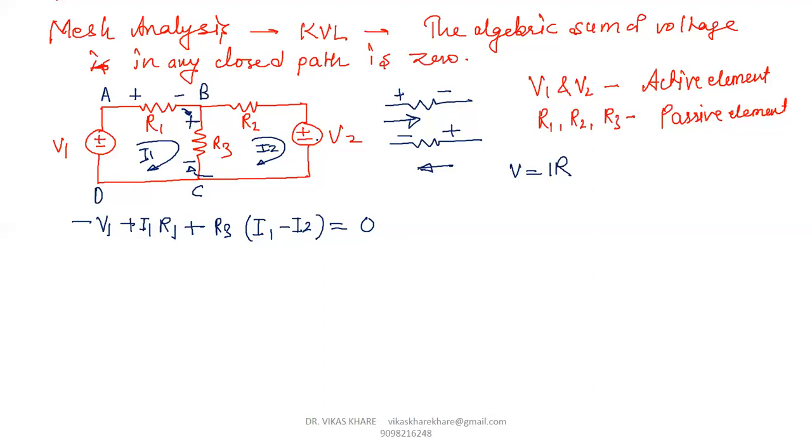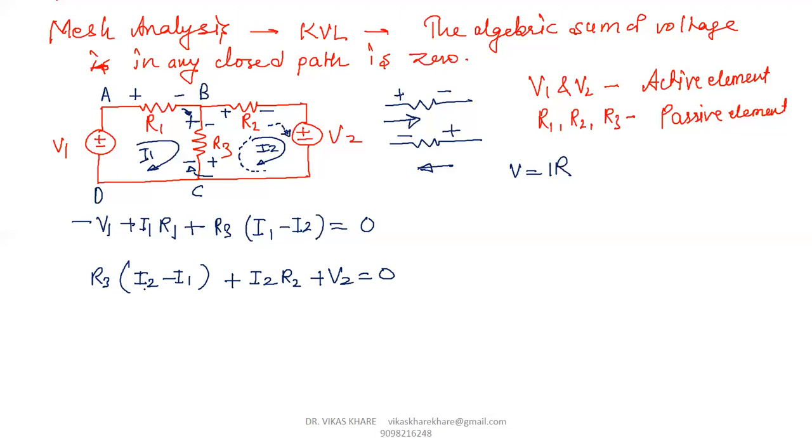Now come to loop 2: positive, negative, positive, and negative. For R3, it is I2 minus I1, plus I2 into R2, plus V2 equals 0. When the current rotates in this manner, the first terminal of battery V2 is positive.